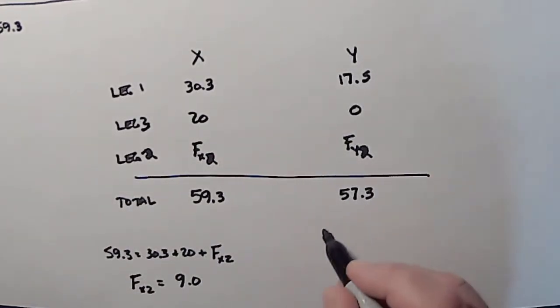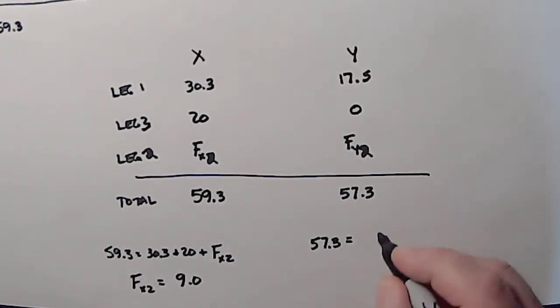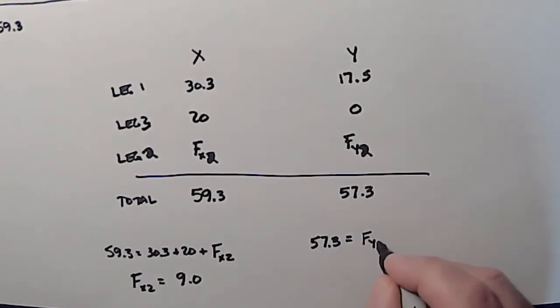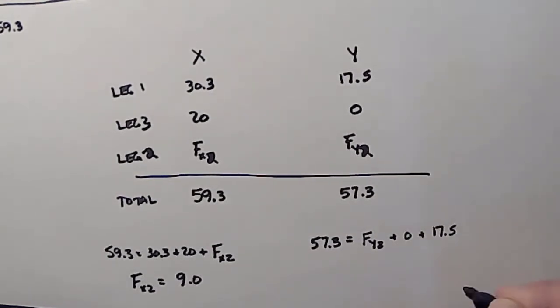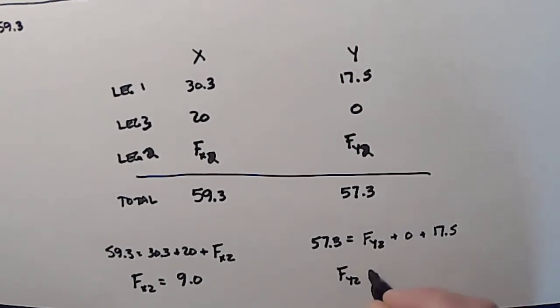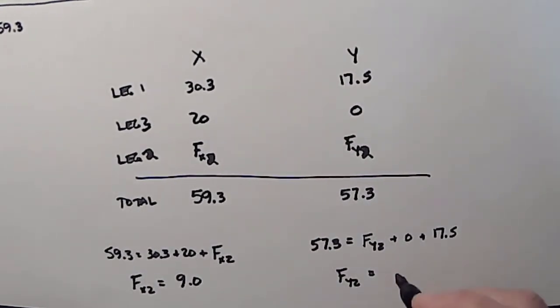And similarly, 57.3 equals fy2 plus 0 plus 17.5, or fy2 equals 57.3 minus 17.5.